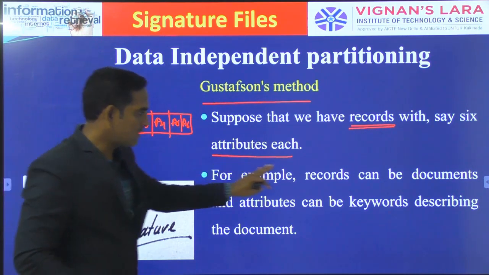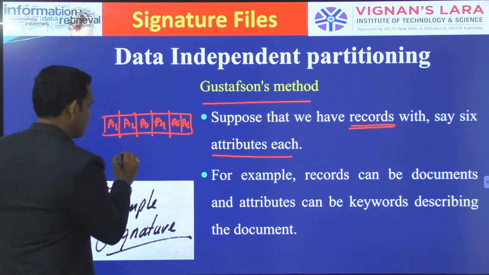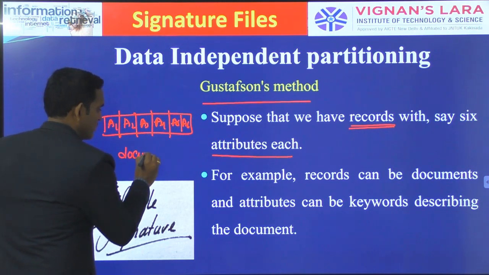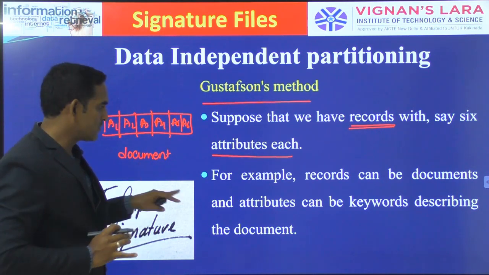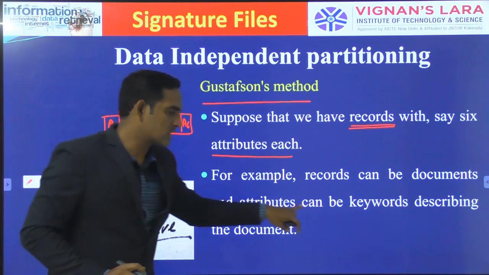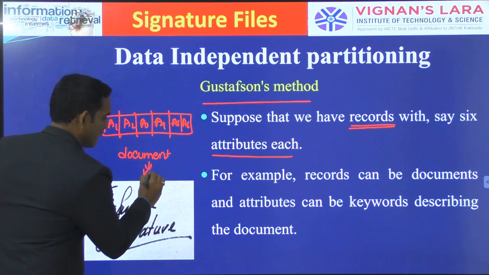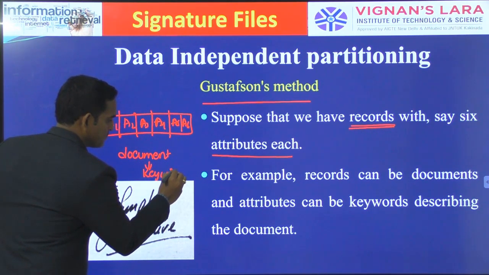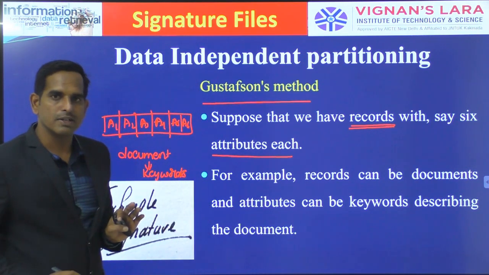The record can be treated as a document here, and the attributes can be treated as keywords. For each and every document we will have keywords describing that particular document.